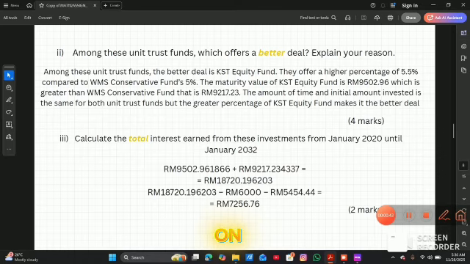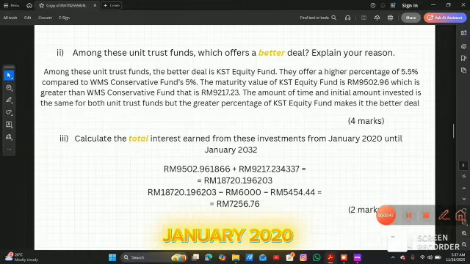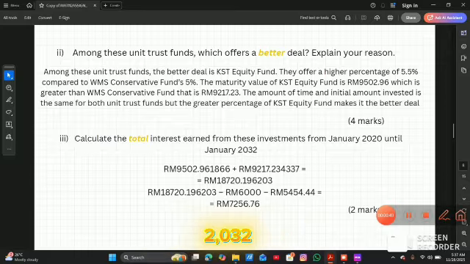Moving on, calculate the total interest earned from this investment from January 2020 until January 2032. Therefore, we must add the total outcome of this investment in both trust funds, which is KST plus WMS. Therefore, we will get RM18,720.20.